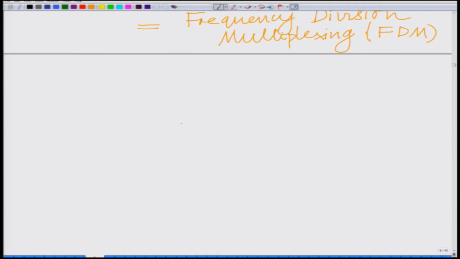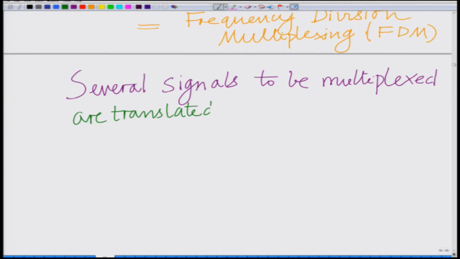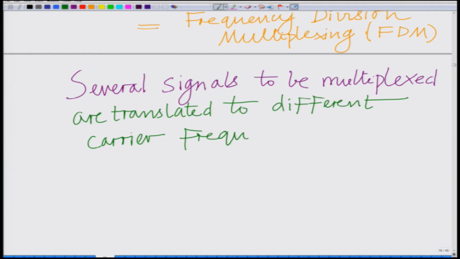The several signals to be multiplexed are translated to different carrier frequencies, center frequencies.